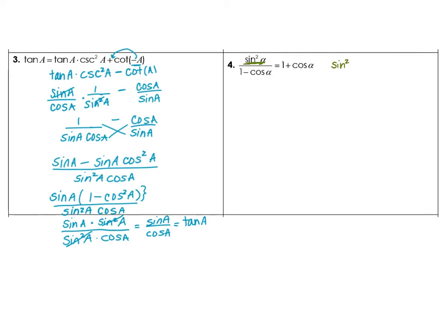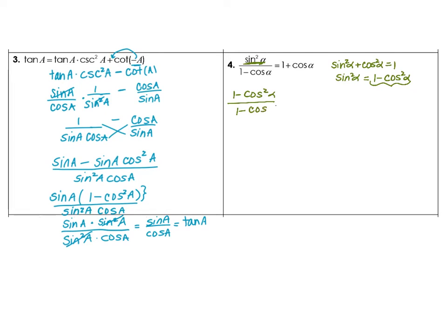We know that sine squared alpha plus cosine squared alpha is 1. And so if we wanted to replace sine squared alpha, that's going to give us 1 minus cosine squared alpha. And that right there, we can replace it. So coming back over here, I know 1 minus cosine squared alpha over 1 minus cosine alpha.